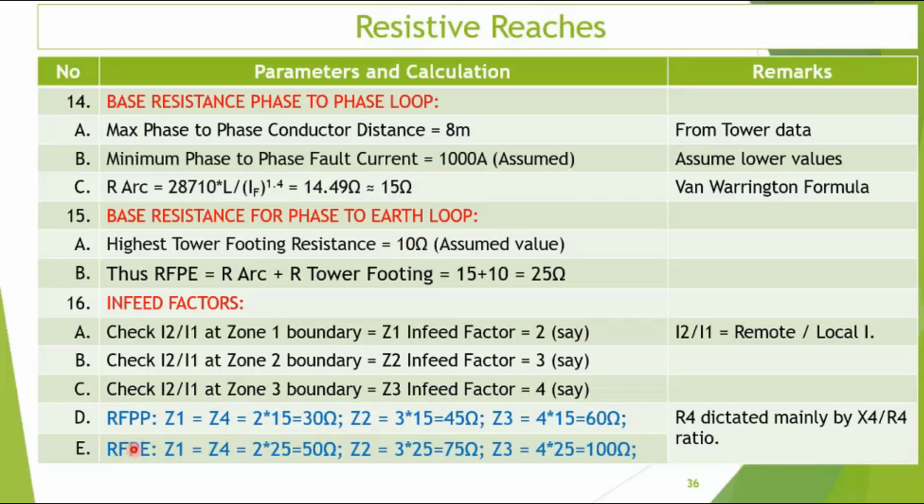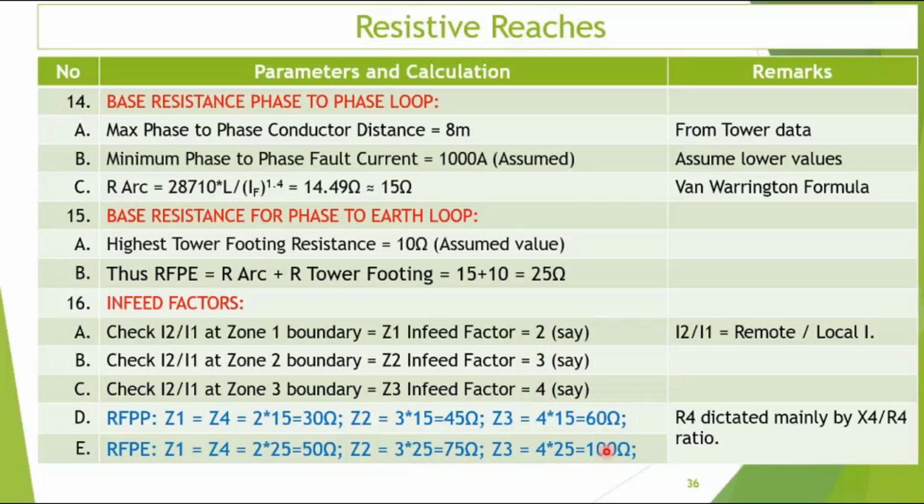And for phase-to-earth, it is again those infeed factors multiplied by the base ones. So 50, 75, 100, might be more. This might be 2, 4, 5, maybe this can go up to 125, 150 also.